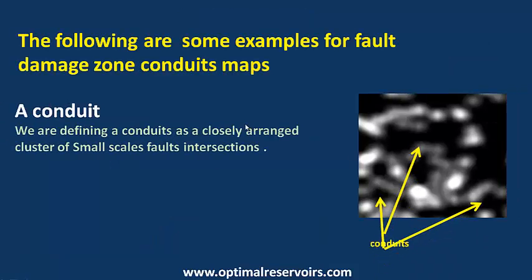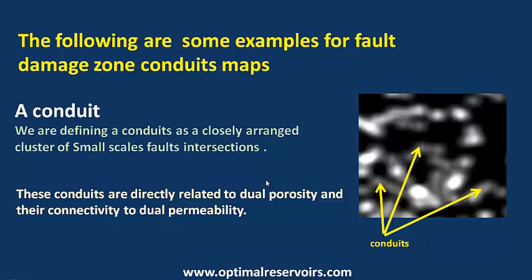In the following slides, we will present examples for damage zone conduit maps. First, the conduits are a closely arranged cluster of small-scale fault intersections. These conduits are directly related to dual porosity and their connectivity to dual permeability.